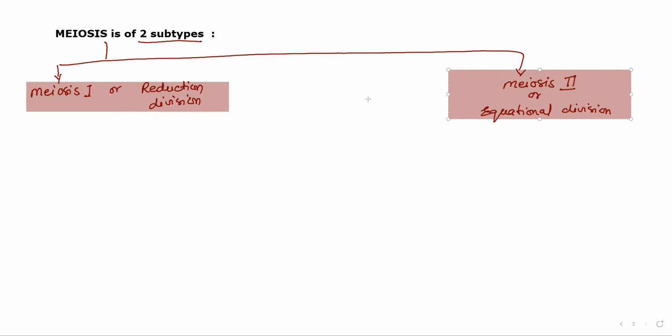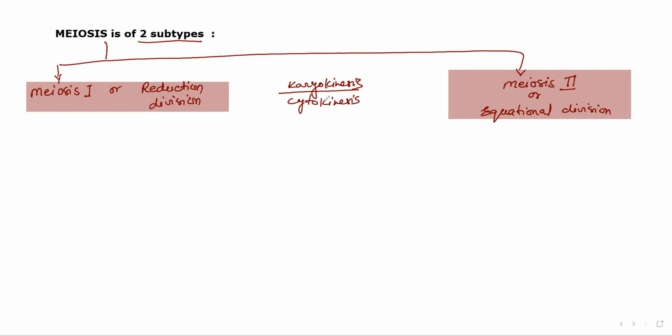have karyokinesis and cytokinesis phases.